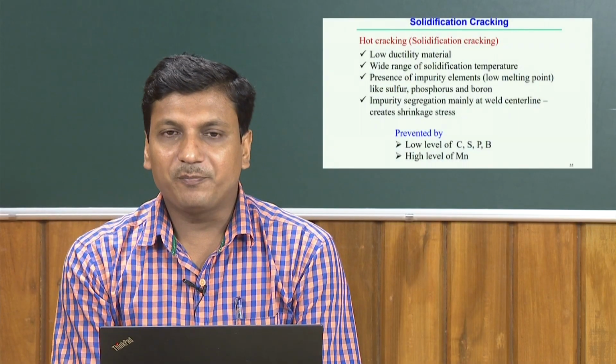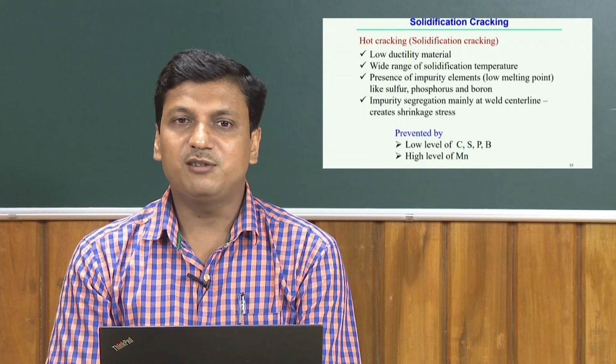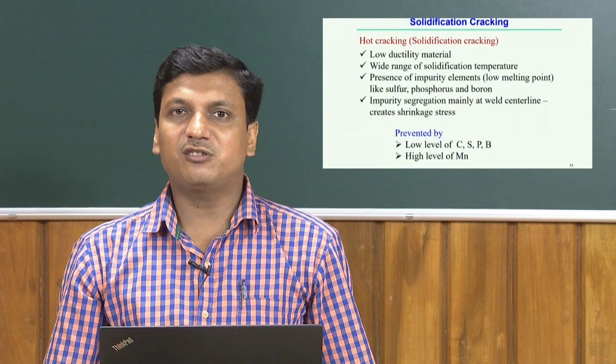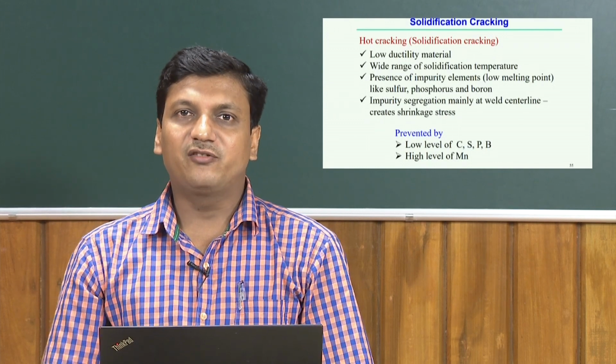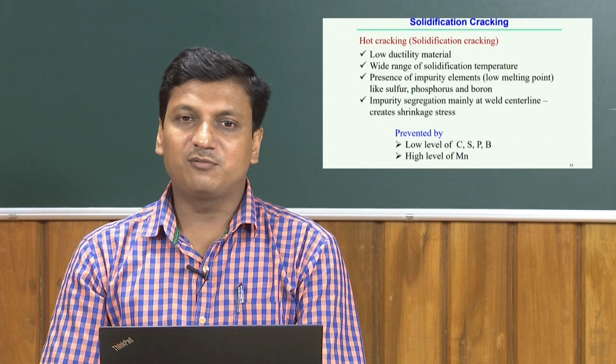At the same time, a high level of manganese also helps prevent solidification cracking, because a high amount of manganese neutralizes the effect of the low melting point elements like carbon, sulfur and boron.